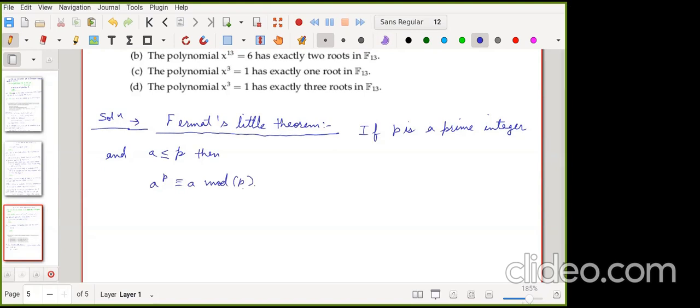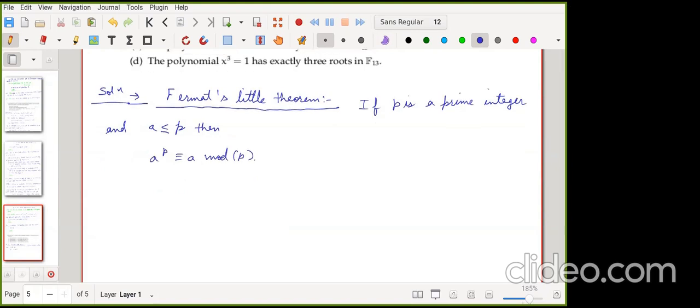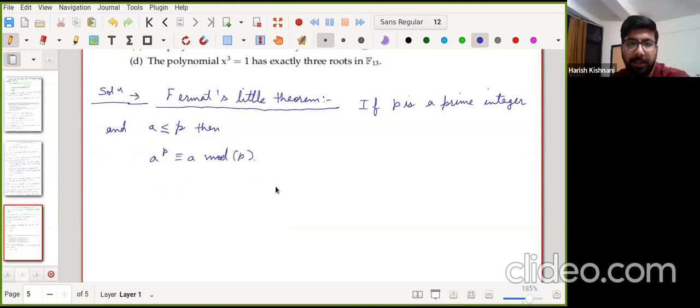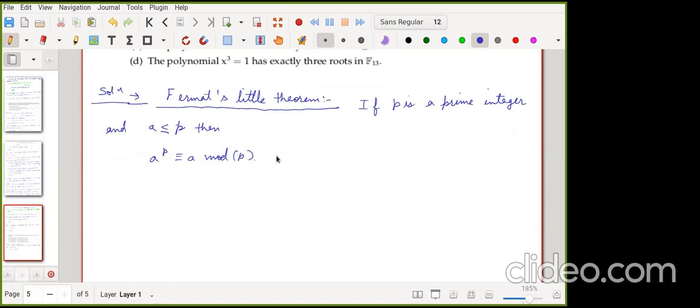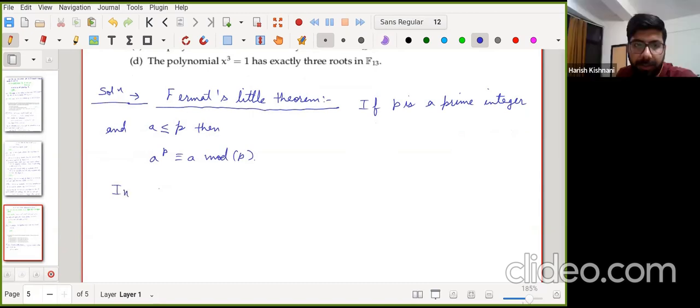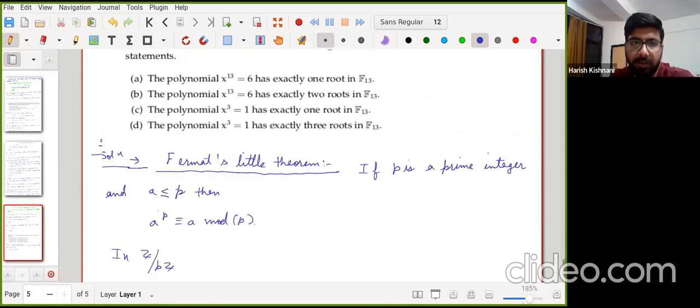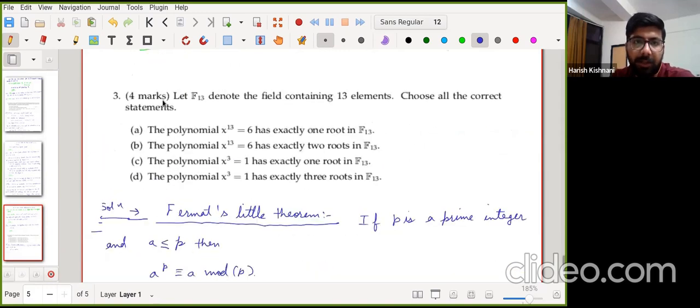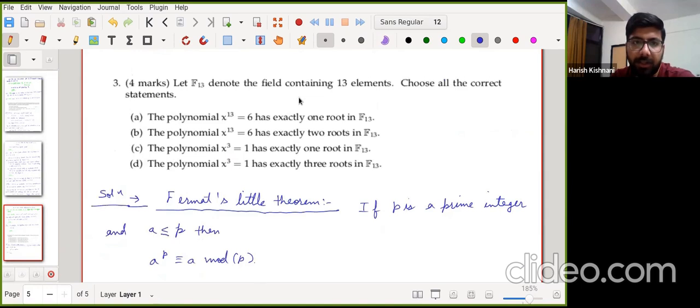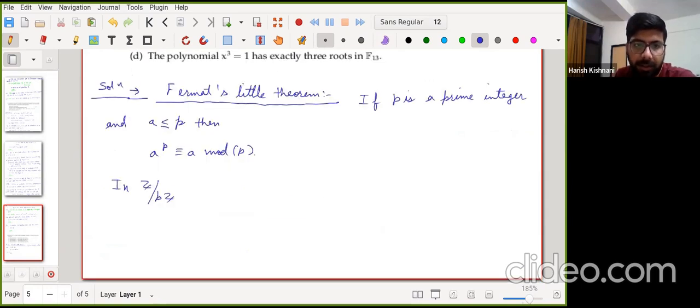Okay. So in Z mod PZ, this is the field of 13 elements, F13, or FP.